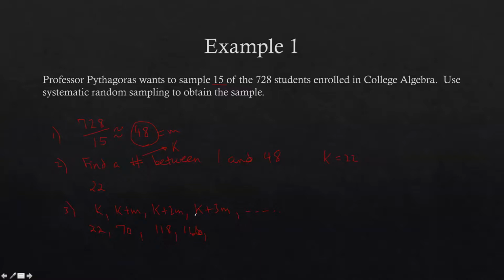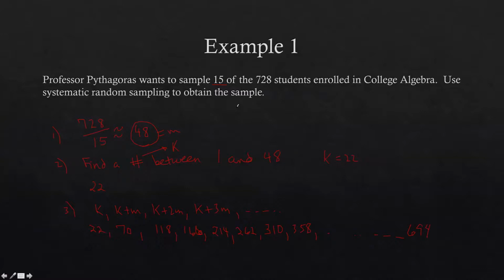So 166 plus 48 gives me 214, 214 plus 48 gives me 262, 262 plus 48 gives me 310, then 358. You see how we're going on this, and you would continue until you got to 694. 694 would be your 15th member of that sample.